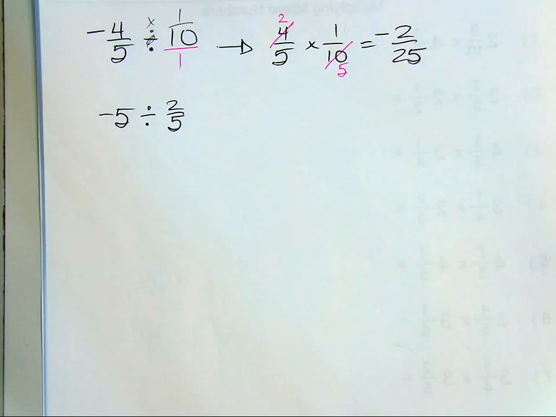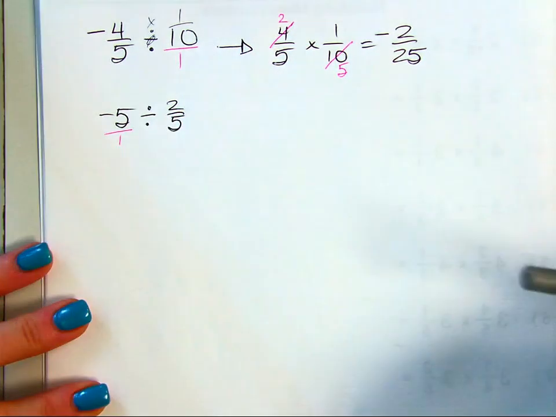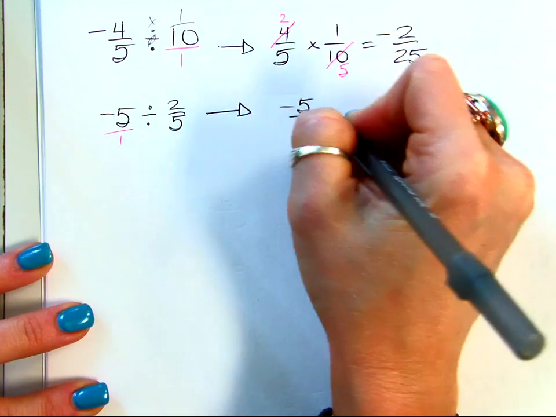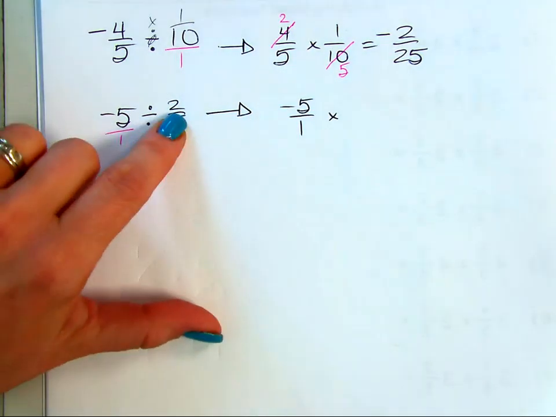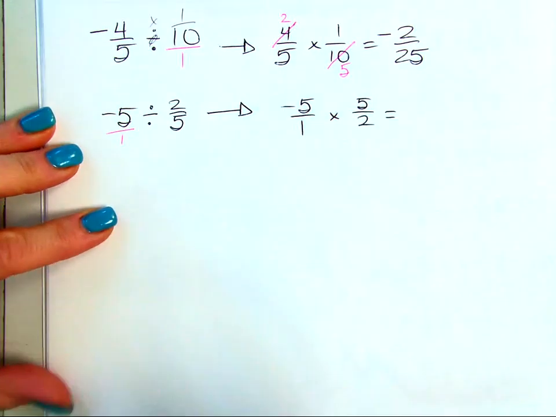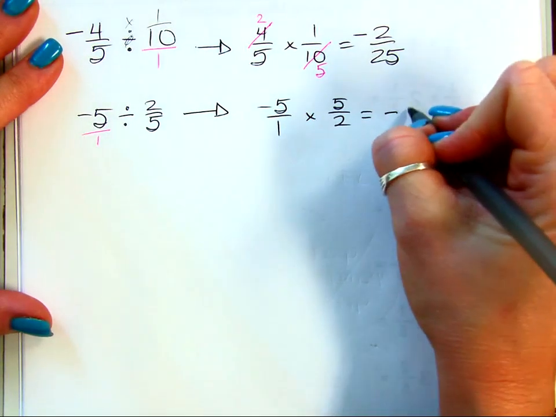So I still need to make the what? 5/1. This is going to turn into -5/1. Don't divide by 2/5. Multiply by 5/2. Then I have positive times negative is negative.